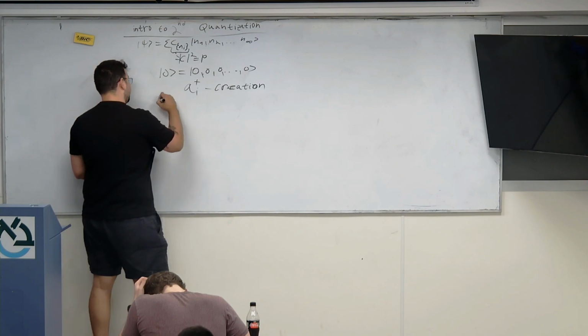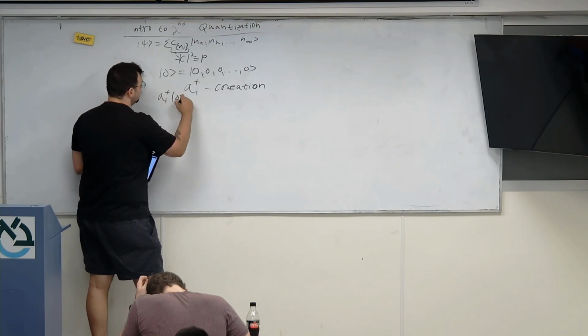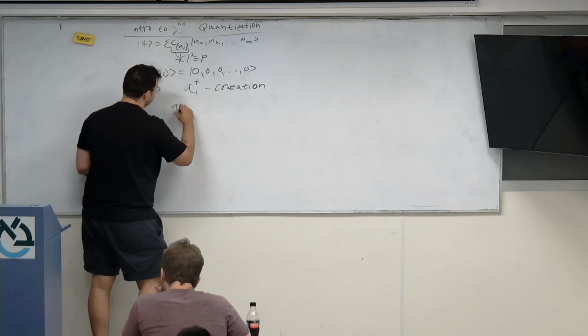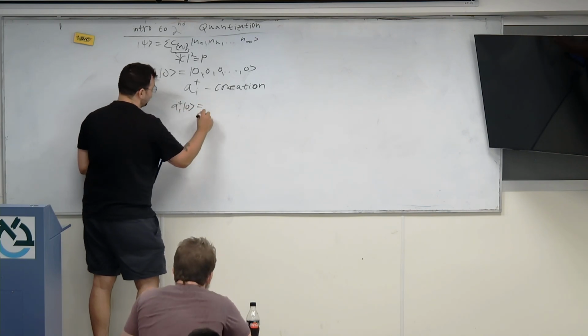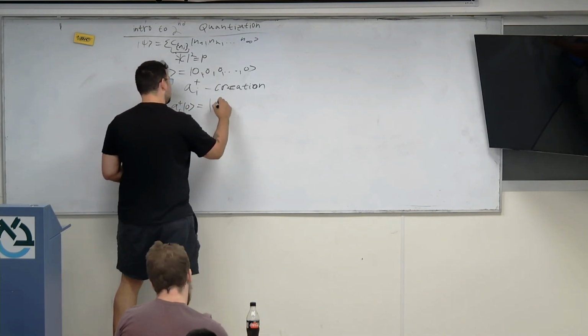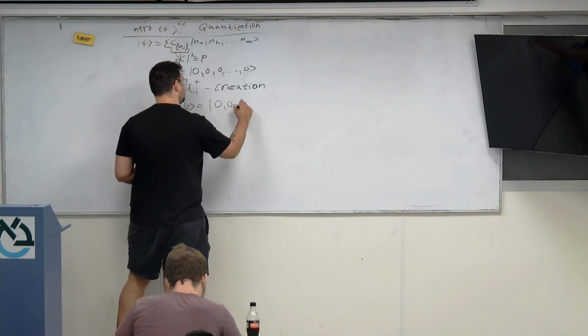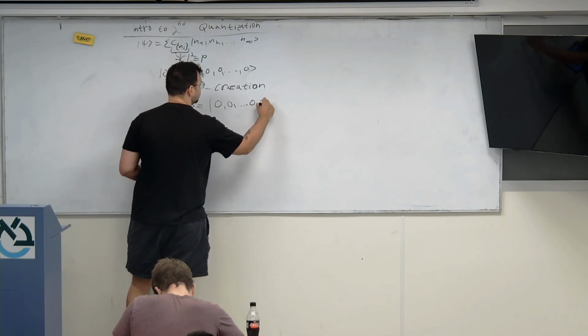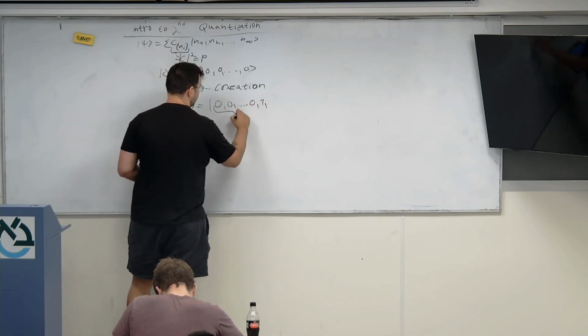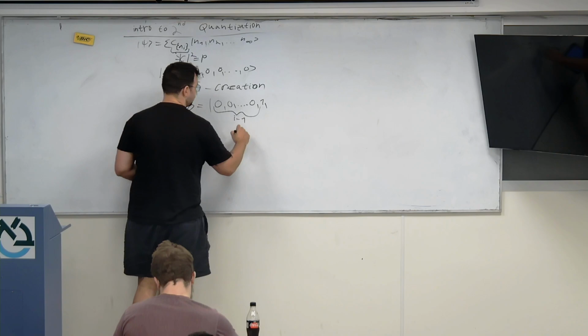If I take the vacuum state and apply a creation operator on it, at position i, I'm going to have to count up to the i spot, so all of this up to i minus 1.